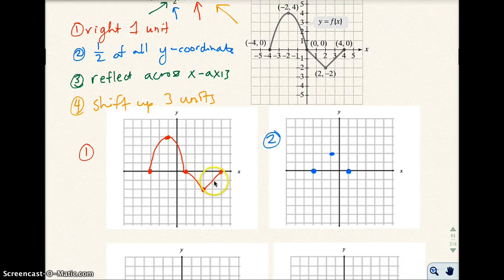And then here I have this y coordinate of negative 2, so half of negative 2 is negative 1, so it'll be right there. So 3, negative 1. Then half of this y coordinate, which is 0, is 0, so it stays right there.